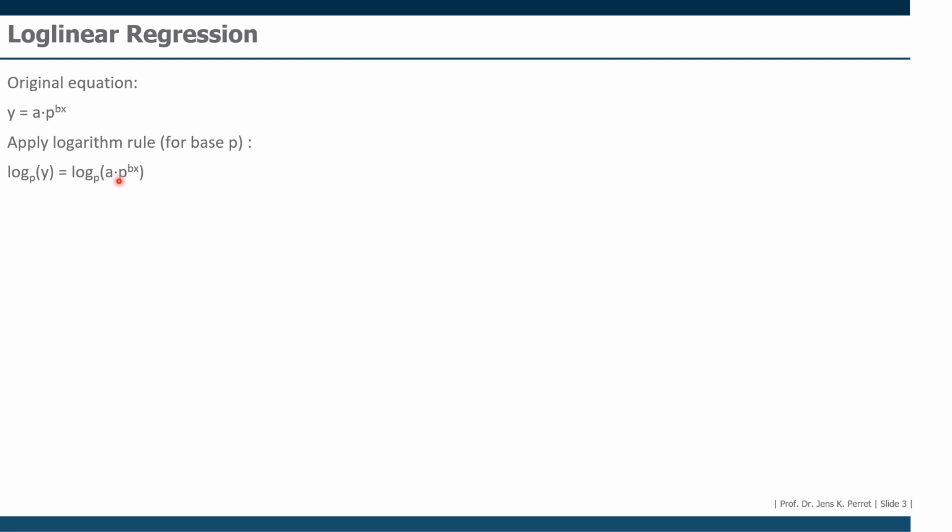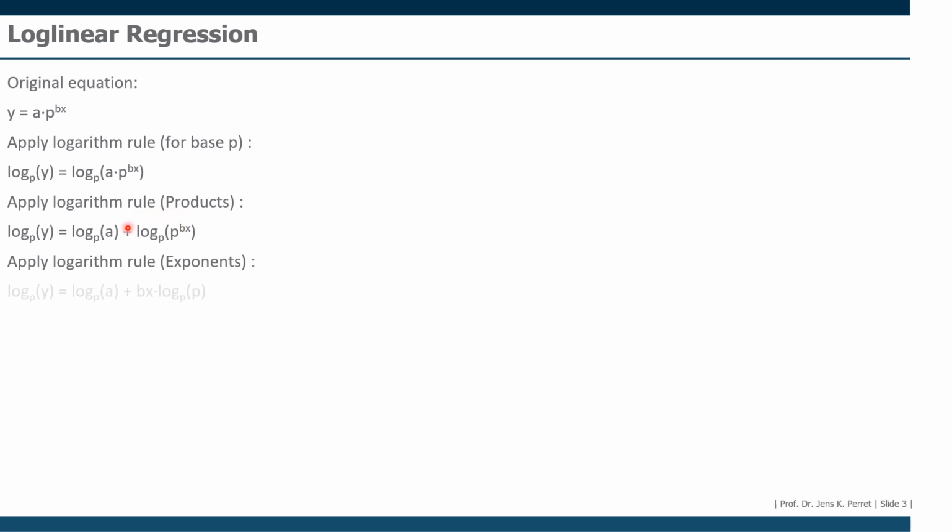Still, we could use, with either logarithm, the rule for products, can pull the two parts apart, can again pull the exponent in front of the logarithm. Those are rules which work for any logarithm.